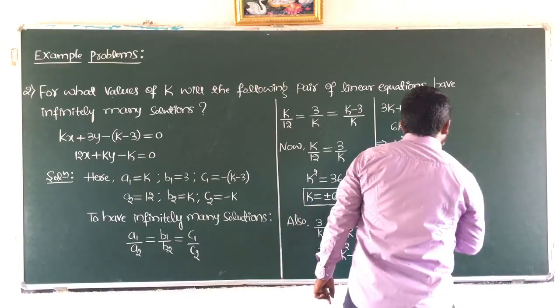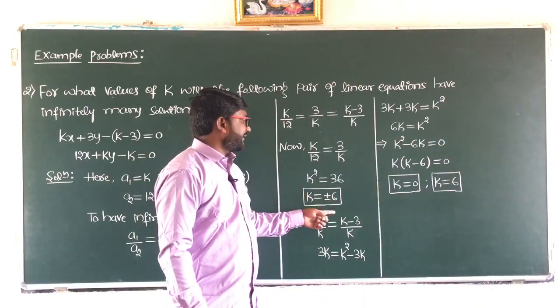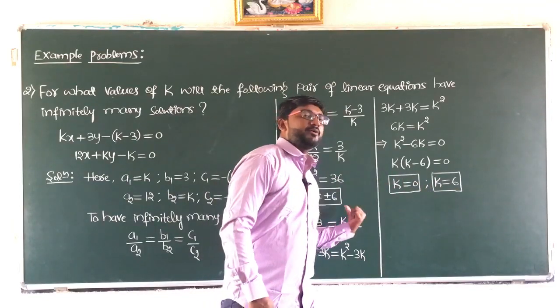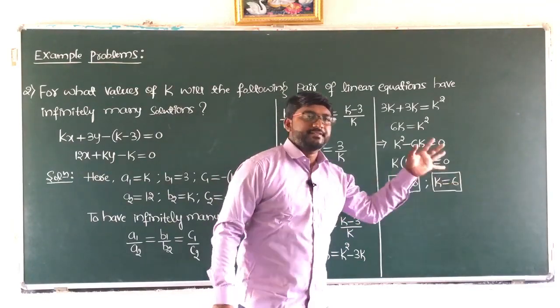So now in the first case we have plus or minus 6, in the second case we have 0 and 6. So which is the common value now? It is plus 6.